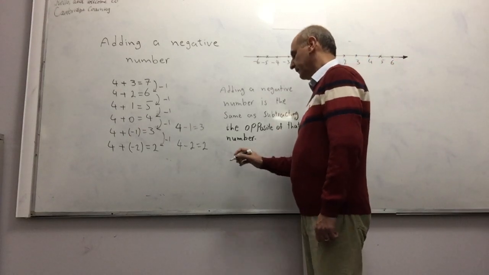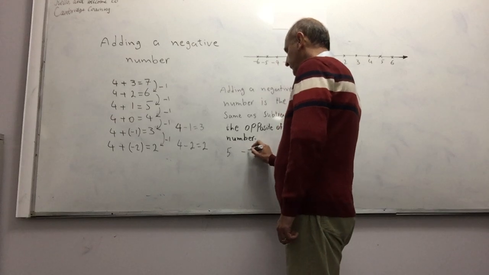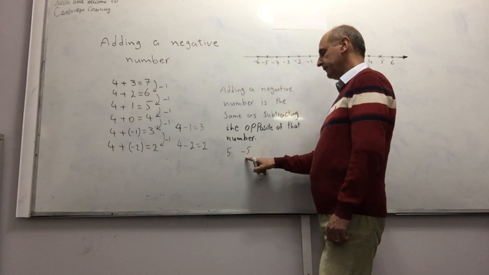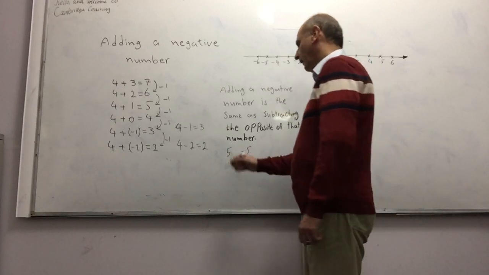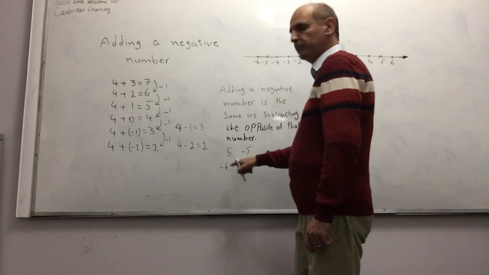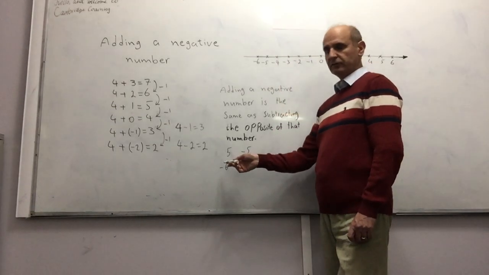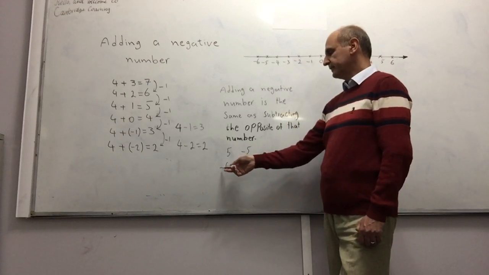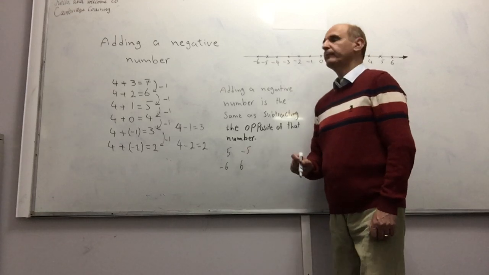For example, the opposite of 5 is minus 5. 5 and minus 5 are opposites of each other. Or minus 6 and 6 are also opposites of each other. We have the same number, the same digit, but with a different sign. Here is negative, here is positive. Here is positive, here is negative.